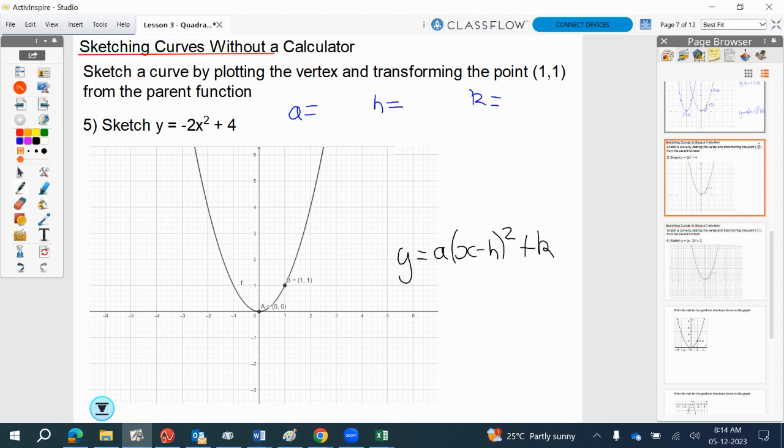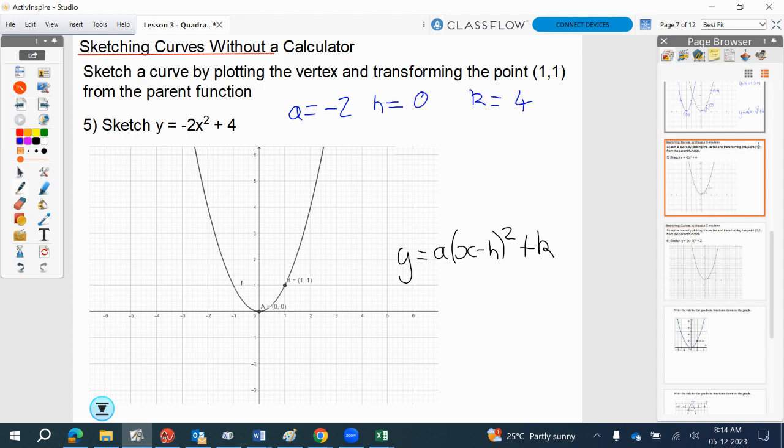What are we multiplying x by here? Negative 2. k is always the number you add at the end. What number do we add at the end? 4. And h is the number you're subtracting from x inside the bracket before we square it. There's nothing there, so this is 0.